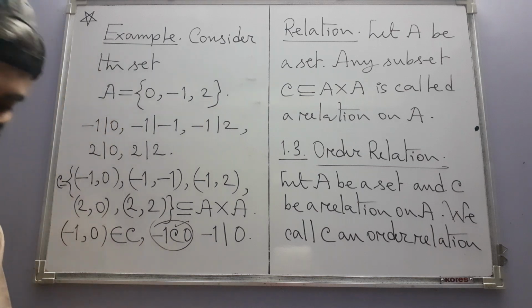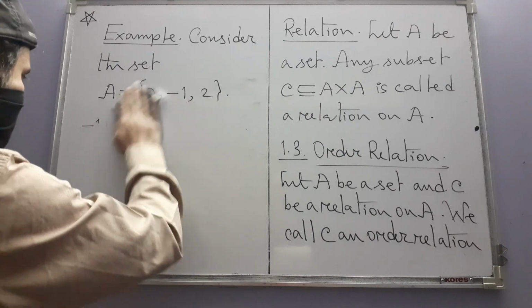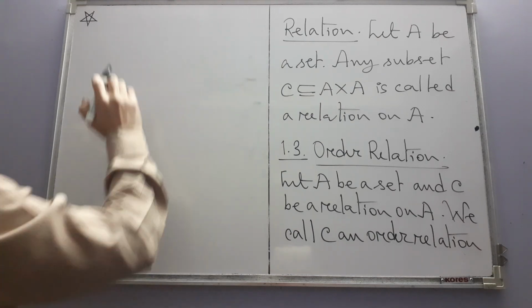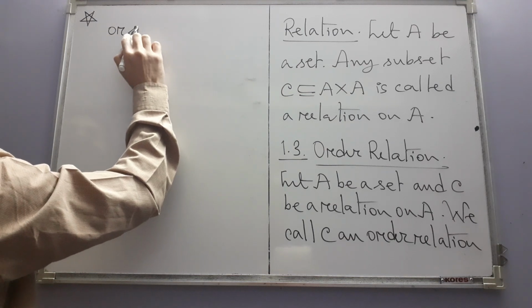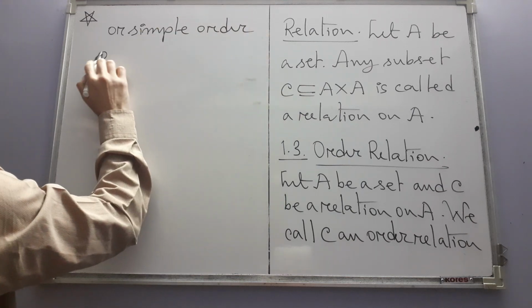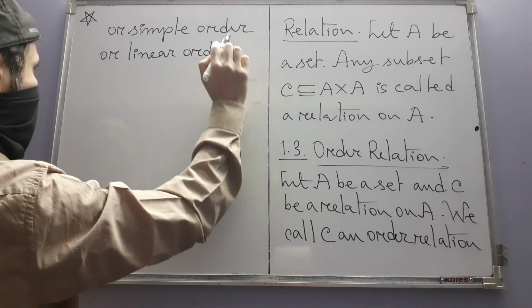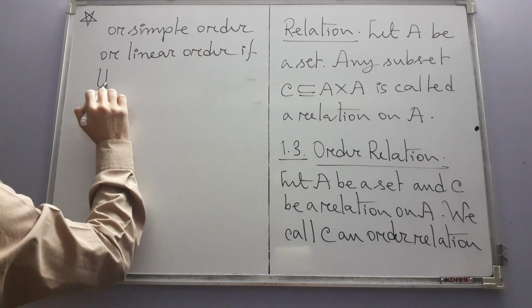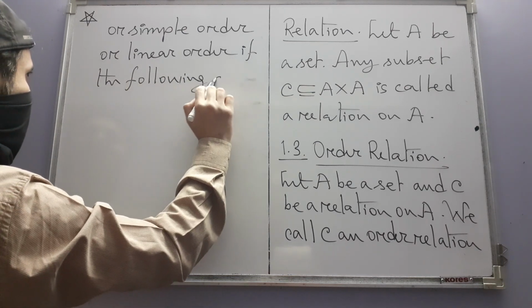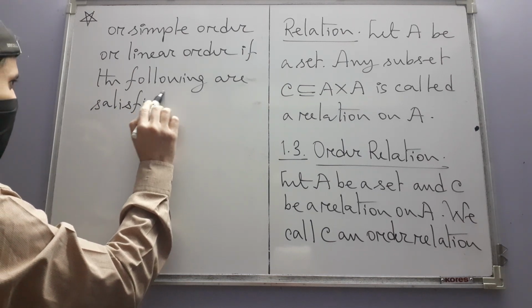We call C an order relation or simple order. It has other names also. Or linear order if the following are satisfied.